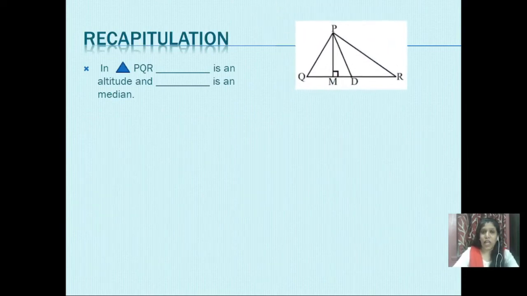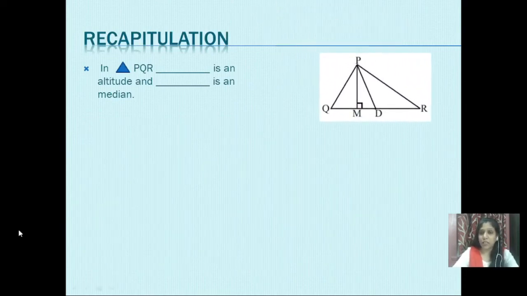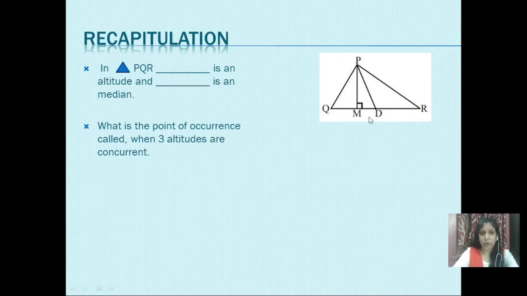Now let us do a recap. In triangle PQR, dash is an altitude and dash is a median. So this is the triangle PQR. PM is a median, correct? No, I know. PM is an altitude and PD is a median of the triangle PQR. Let us move to the second point.